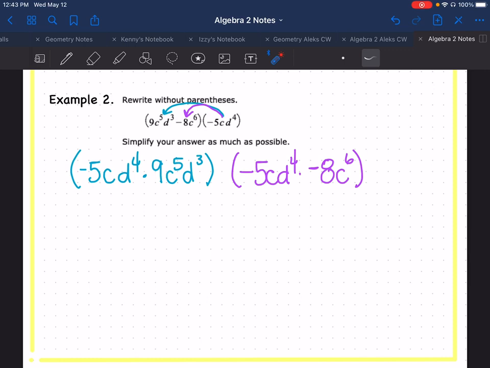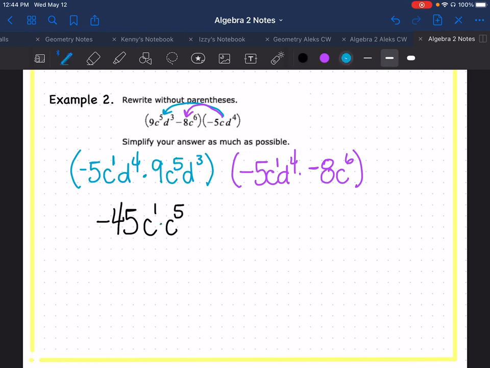All right, now some things that I'm going to go ahead and add before I start. I'm going to go right here and add a 1, and then I'm going to go right here and add a 1 as well, because whenever I have just a c or a d or an x without an exponent, it is implied to be 1. All right, so I'm going to multiply negative 5 times positive 9. Negative 5 times positive 9 is negative 45. I have c to the 1st power times c to the 5th power.